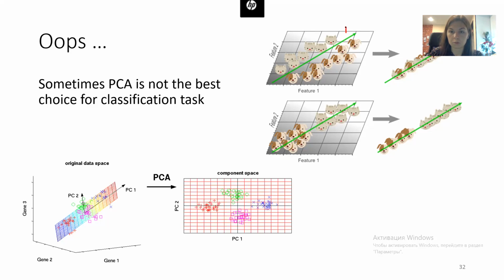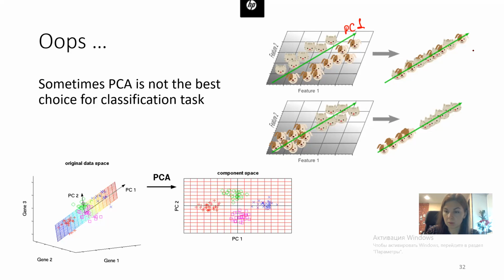You calculate your principal component number 1, and you will see that you have a problem. After this transformation, you will find all your classes mixed. You see that cats and dogs are mixed, and you cannot separate these classes into 2 groups.